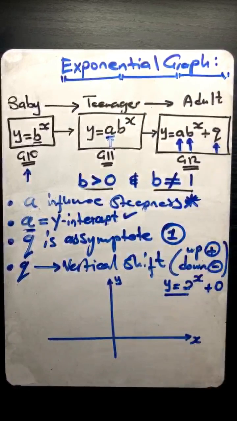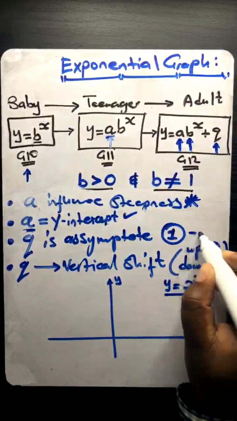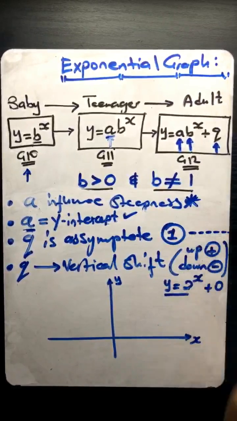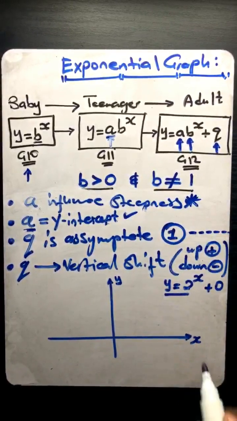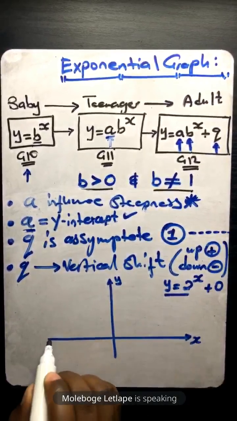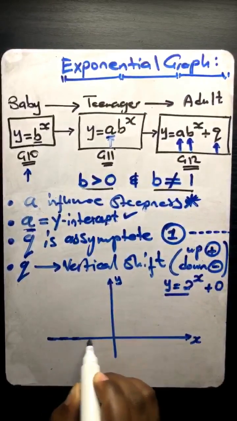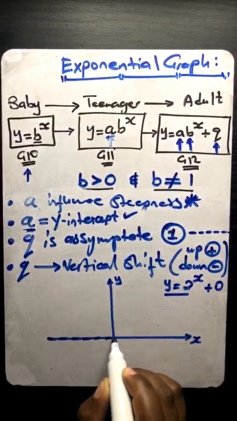How do we represent an equation of an asymptote, or how do we represent an asymptote? We represent it by a horizontal dotted line. Do you guys agree? I'm pretty much sure that you guys still remember that. So that means when you sketch, you are going to do that broken line where y is 0.